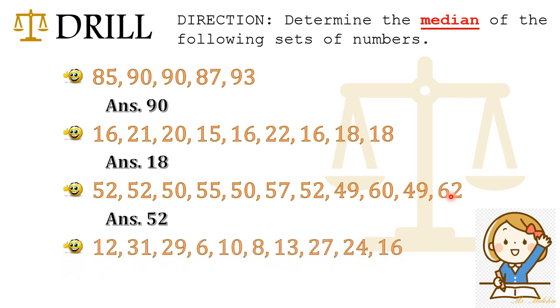And lastly, what if we have this set of data? We have 1, 2, 3, 4, 5, 6, 7, 8, 9, 10, an even number of values. So 10 plus 1 is 11, divided by 2 is 5.5.